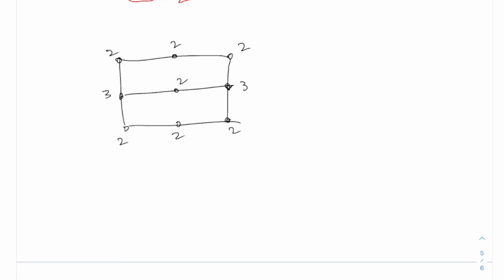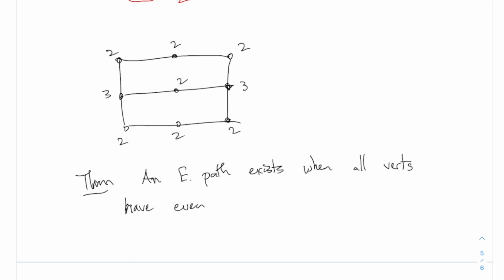So what I just said, I'm going to write as another theorem. And Euler figured this out too. So an Euler path exists when all vertices have even degree except two odds.